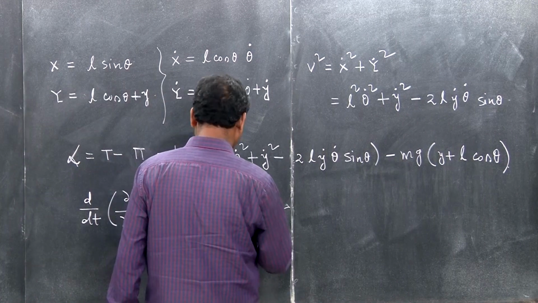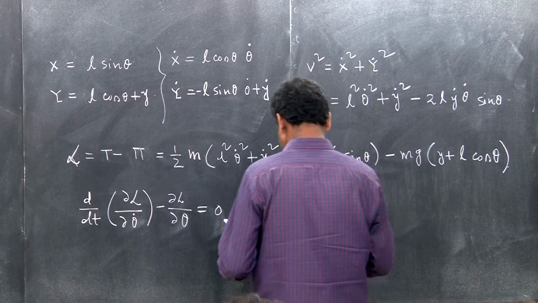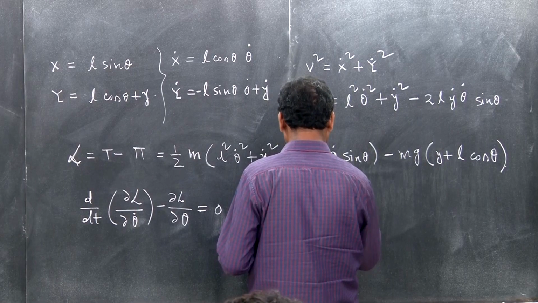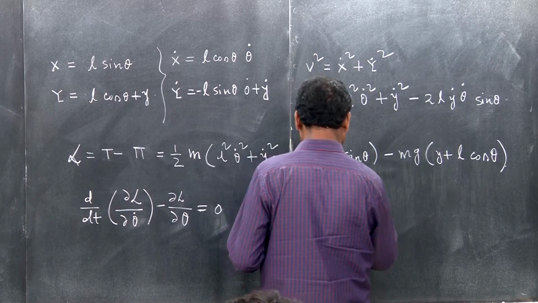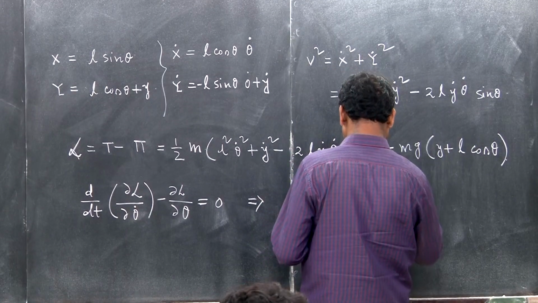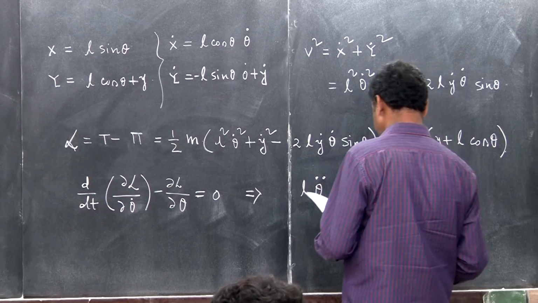If you just do it, you will get the equation of motion to be L theta double dot minus y double dot sin theta is equal to g sin theta.